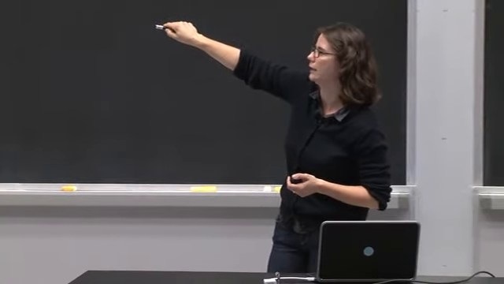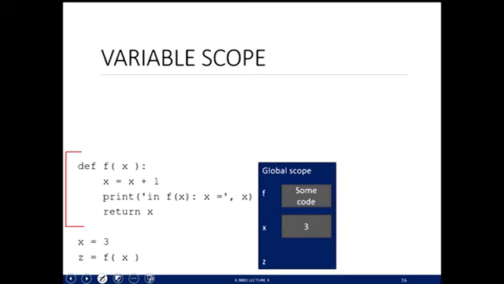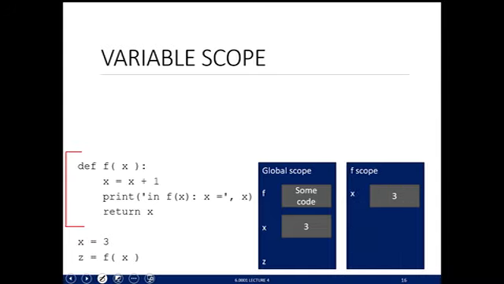Then you go on to the next line. x is equal to 3. So in the global scope, you now have also a variable x is 3. And then the next line, z is equal to f of x, is a function call. As soon as you hit a function call, you create a new scope, a new environment. Okay?